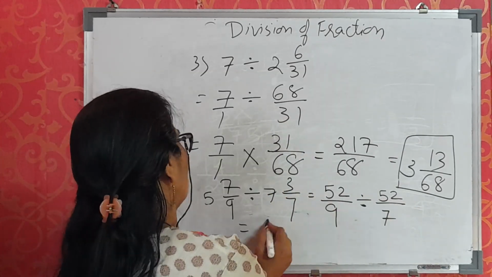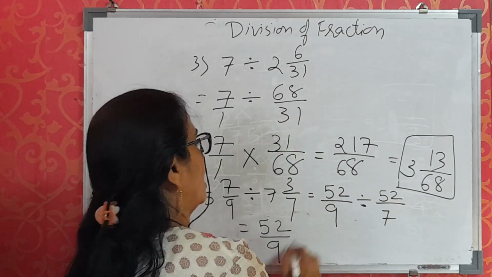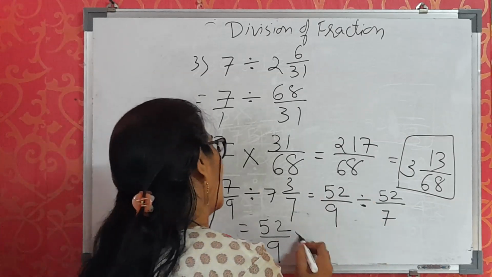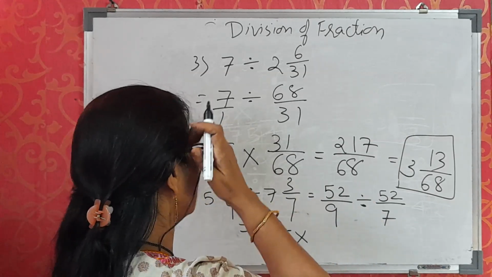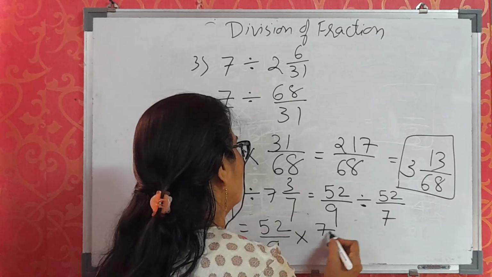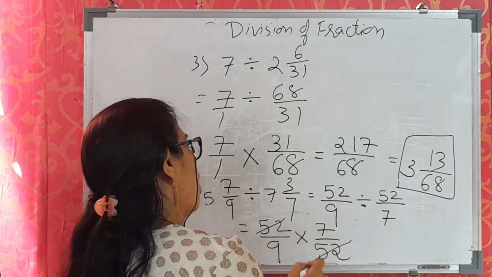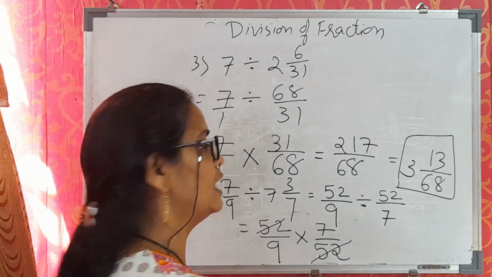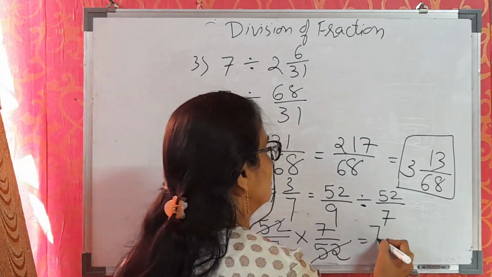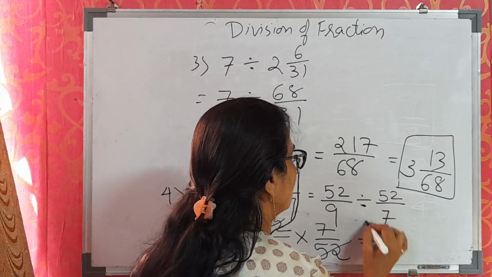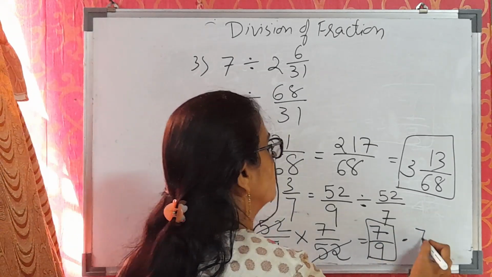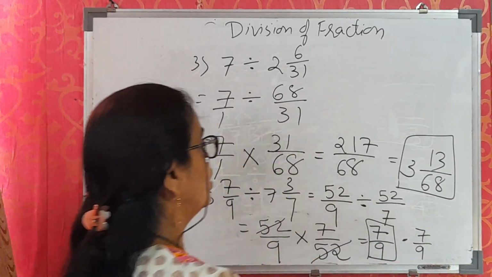Now the multiplicative inverse: 52 upon 9, multiplicative, so write the multiplication sign. 7 will come up, 52 will come down. Simple cancellation, common numbers you can cancel directly, and your numerator will be 7, denominator will be 9. So your final answer is 7 upon 9.